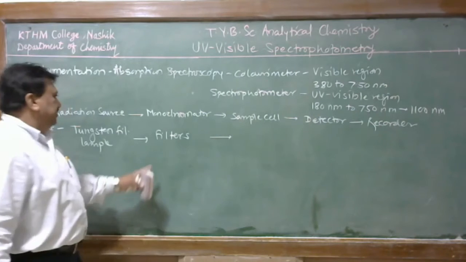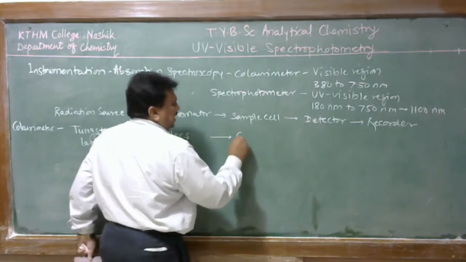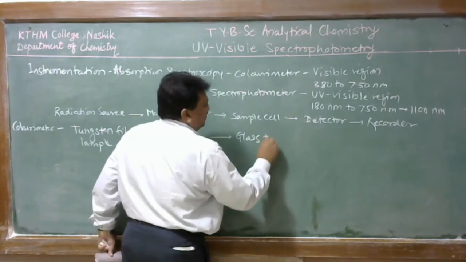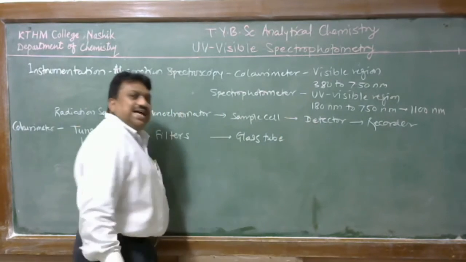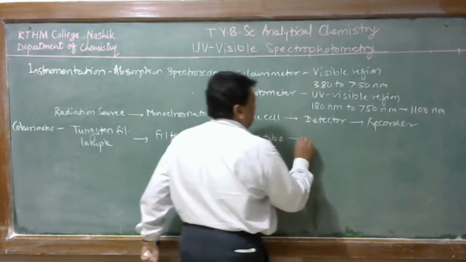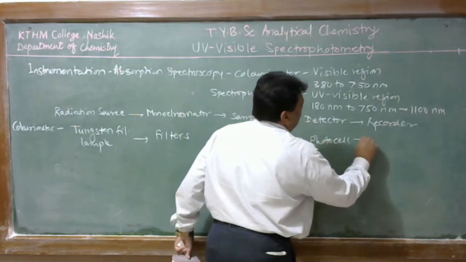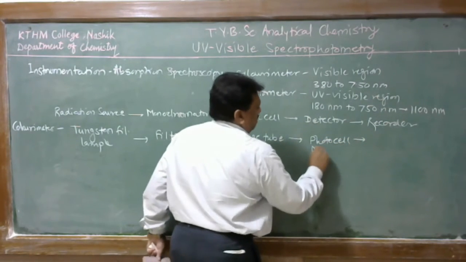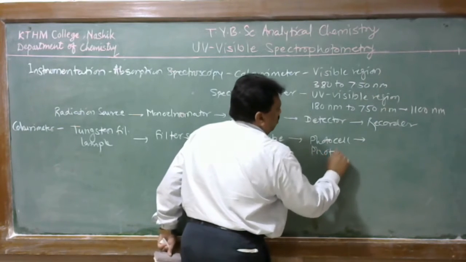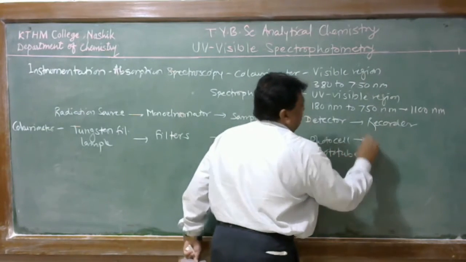Then the sample cells are glass tubes or glass cells. The detector is a photocell or phototube, and then the recorder.